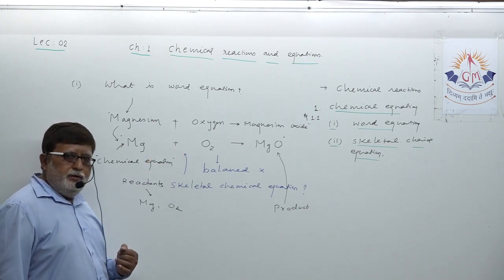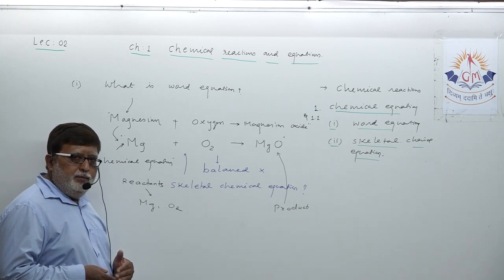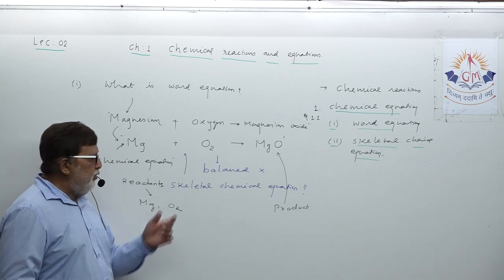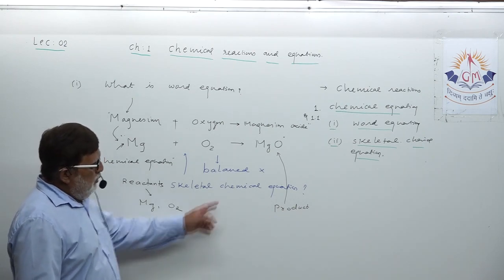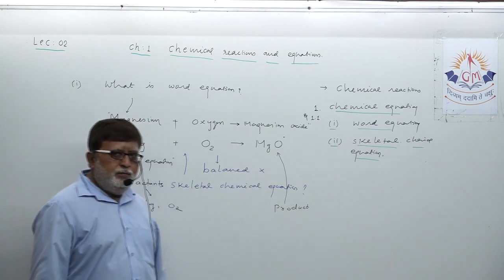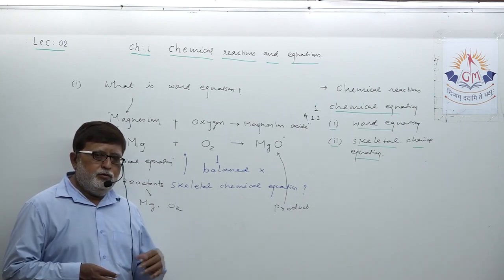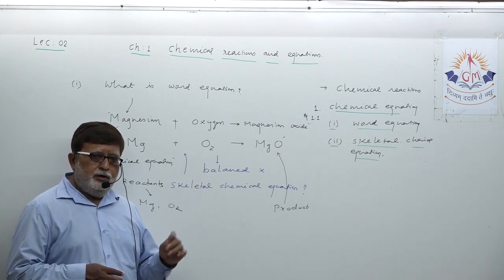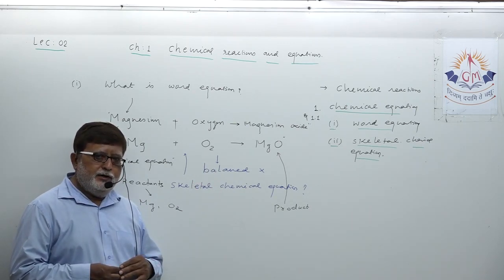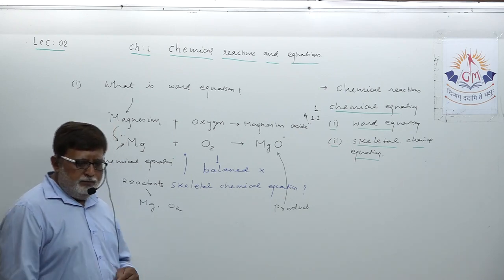Reactants are always written on the left hand side of the equation separated by plus sign. Here only one product, but there can be more than one product, so products are always written on the RHS, right hand side of the equation separated by plus sign.